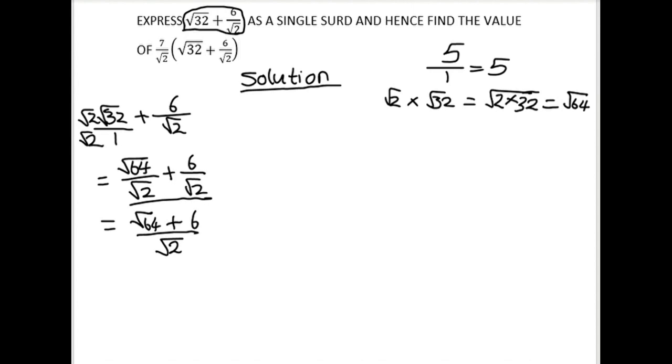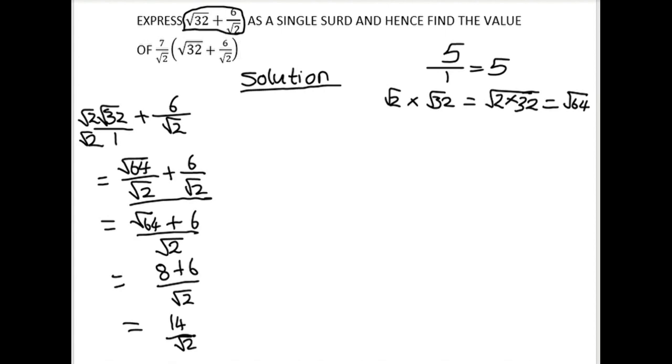The next thing I'm going to do is find the square root of 64, because 64 here is a perfect square. The square root of 64 gives me 8, plus 6, all over root 2. 8 plus 6 is 14 all over root 2.